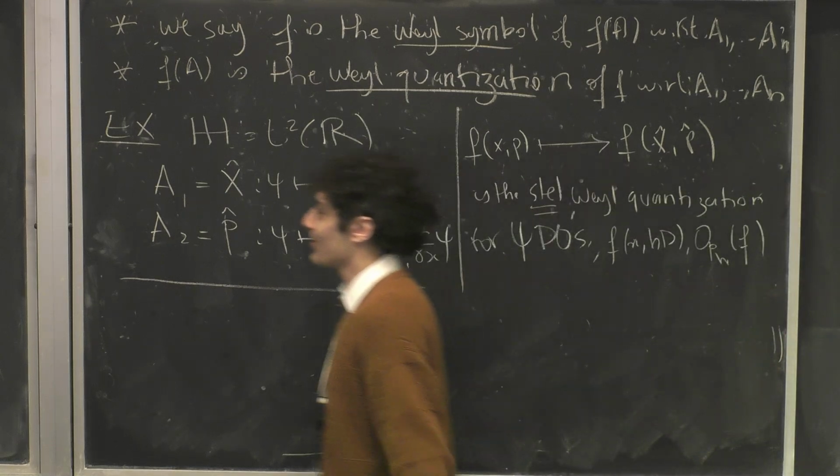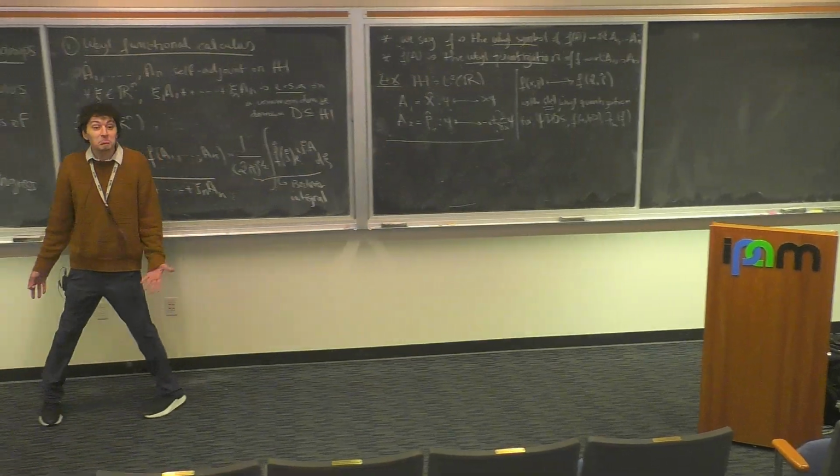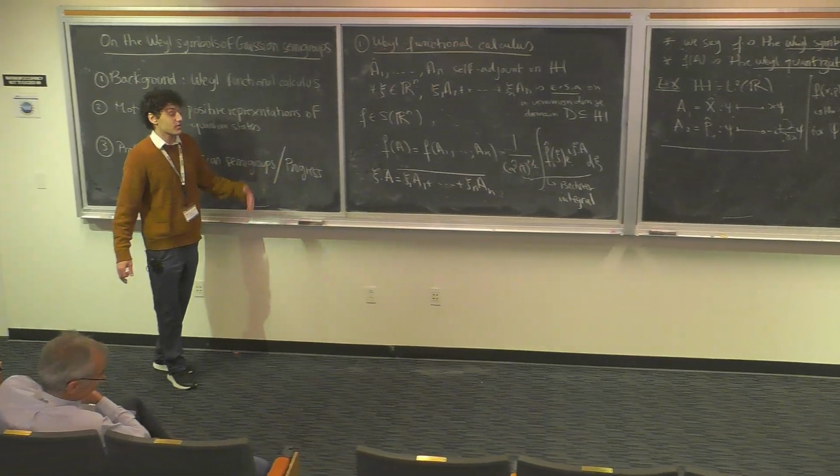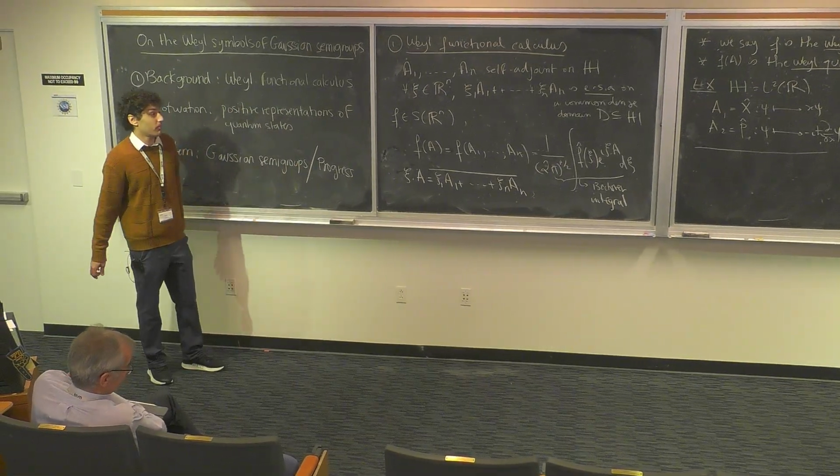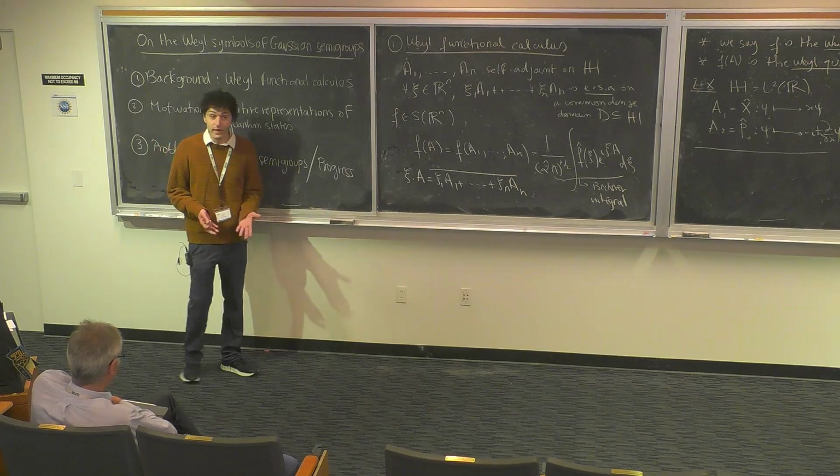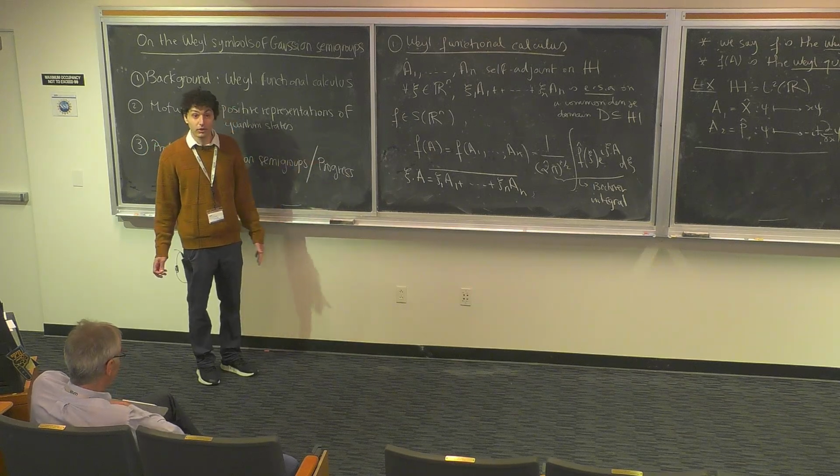Okay, so this is all well. I can define this way of taking functions of a tuple of self-adjoint operators. But of course, one question I would like to ask is, can I do anything with this calculus?